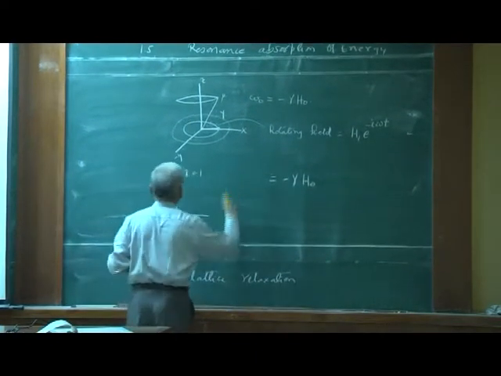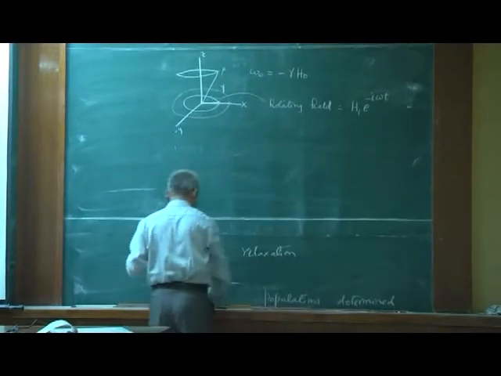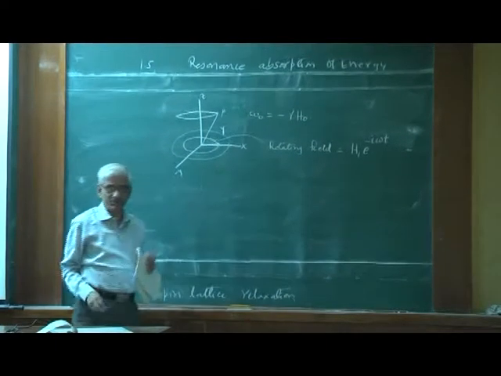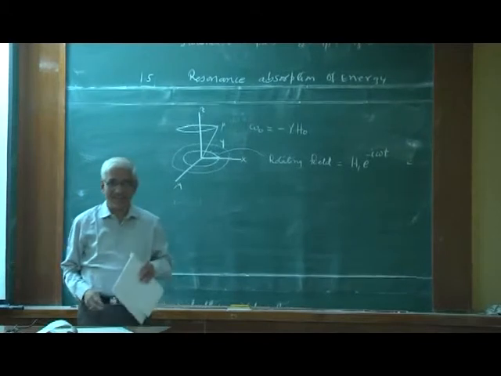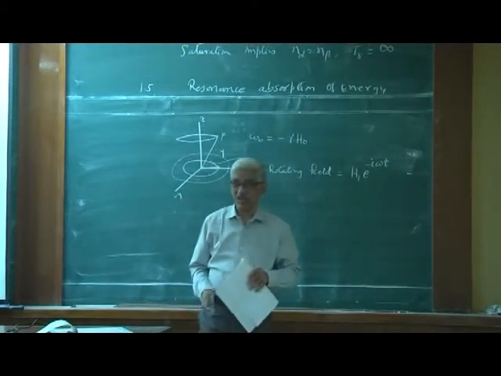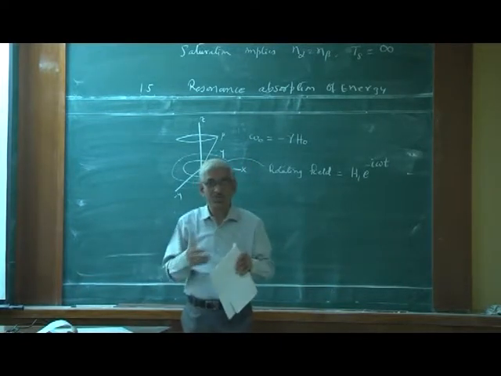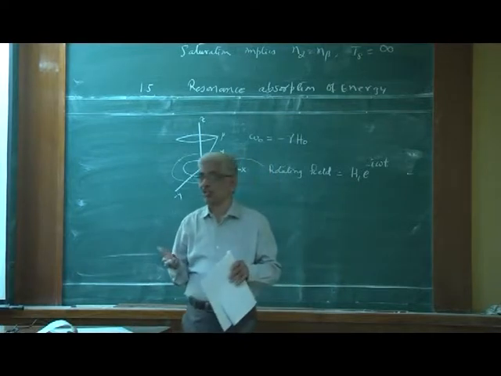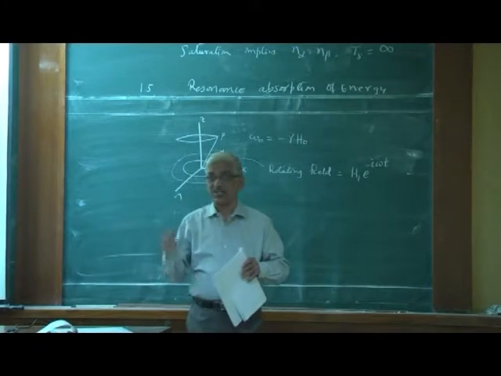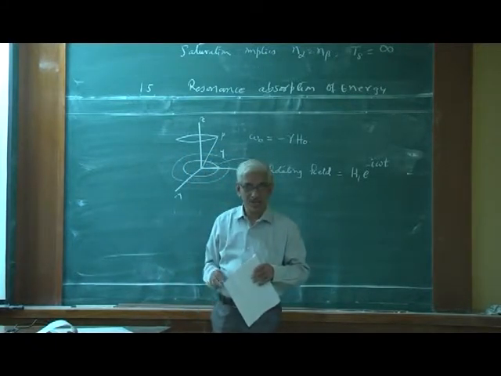Now what you do? You sit on this rotating field. Okay? Sit on the rotating field and look at the nucleus. In other words, you are going into the frame of reference which is rotating. So that is called the rotating frame transformation. You go into the rotating frame. You sit over the RF and look at the nucleus.